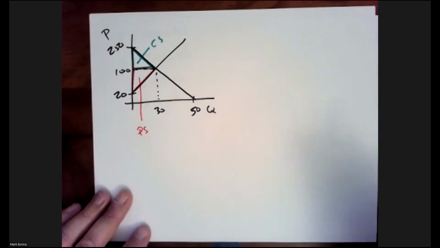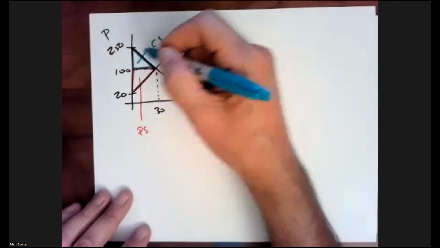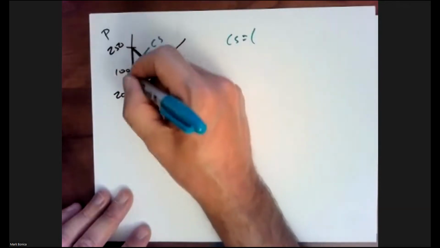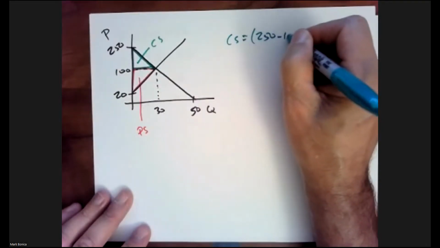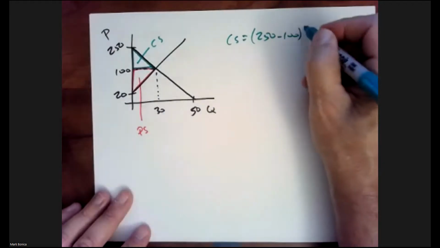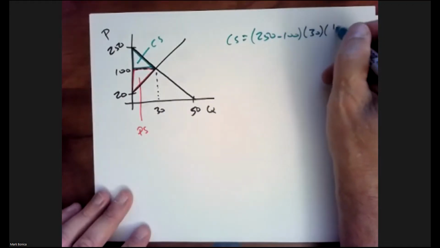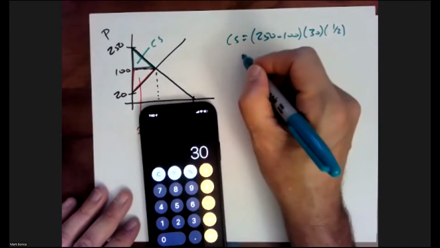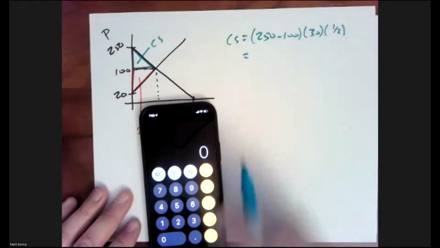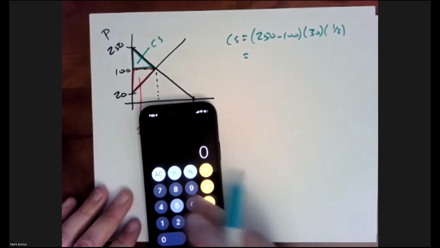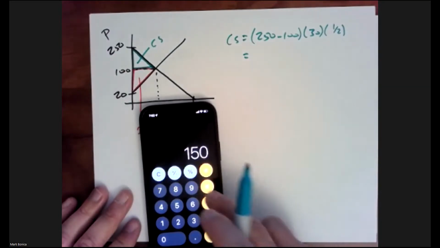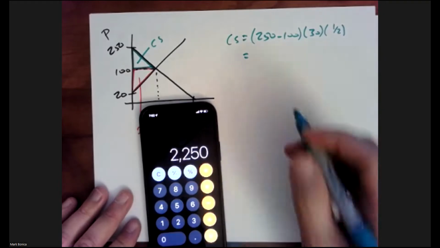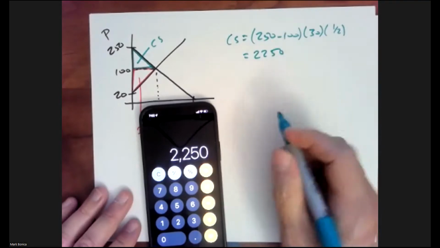So now we just need to calculate those, right? So the consumer surplus is equal to 250 minus 100. It is 30 wide times 1/2. Well, 250 minus 100 is 150, right? 150 times 30 times 0.5, 2250.